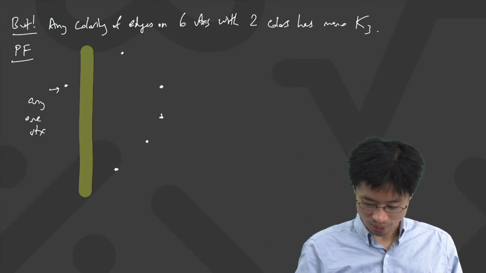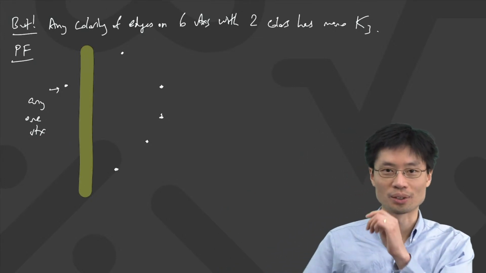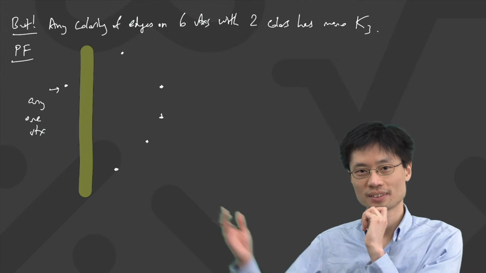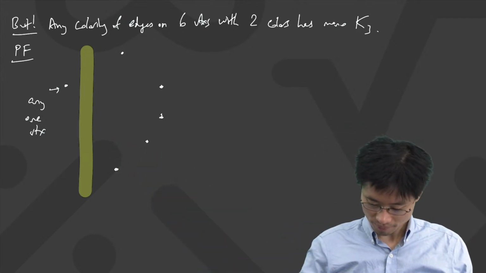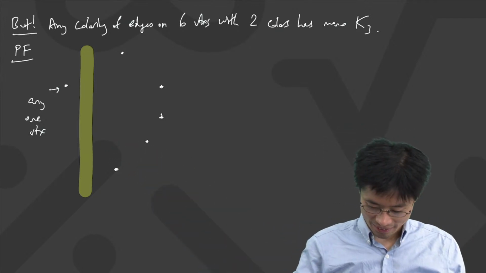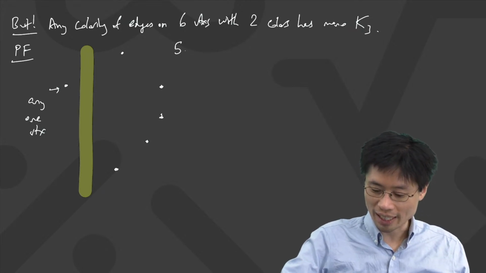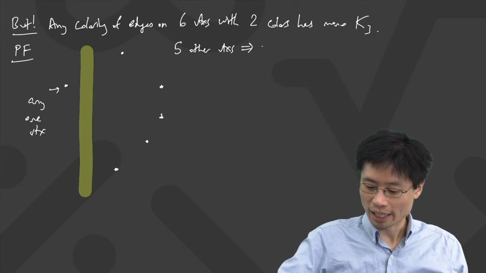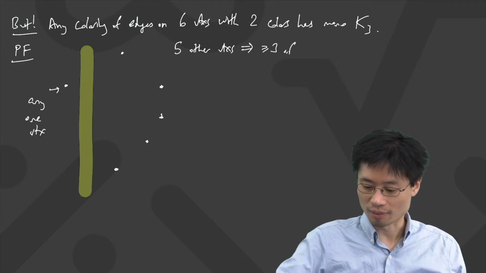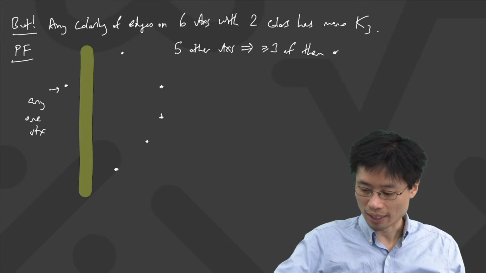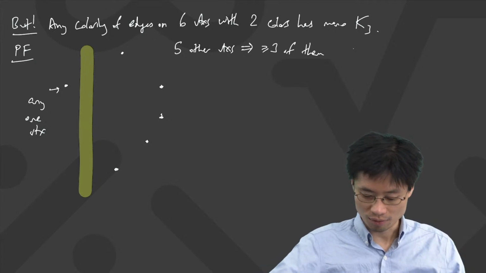When you say pigeonhole, could you be a bit more specific? So from that one vertex, you have at least 3 of the same color. Ah, other vertices by pigeonhole. Okay. So the idea here is that you have 5 other vertices, so at least 3 of them are adjacent via the same color.